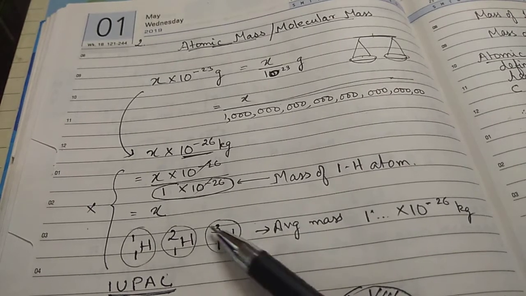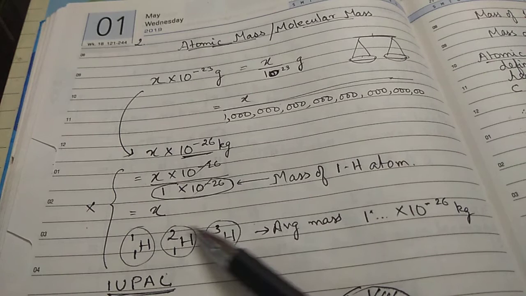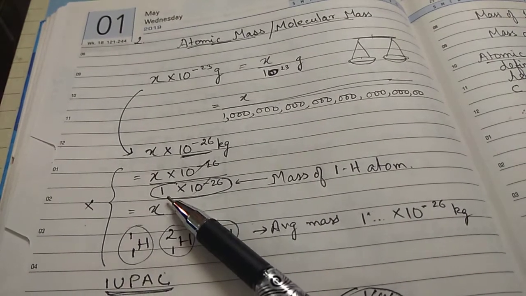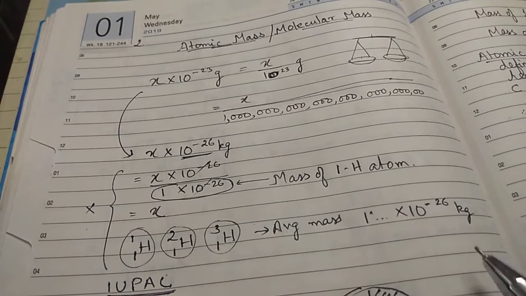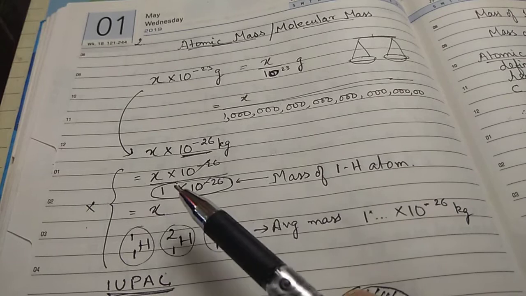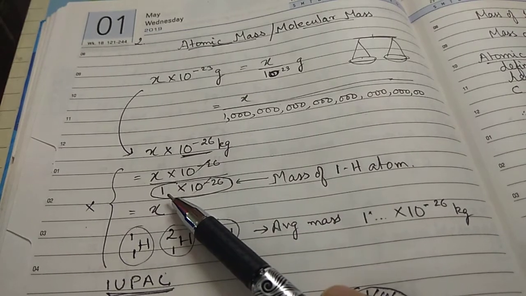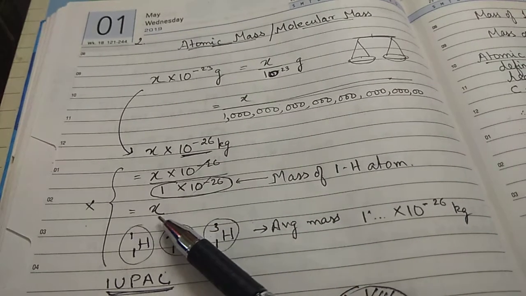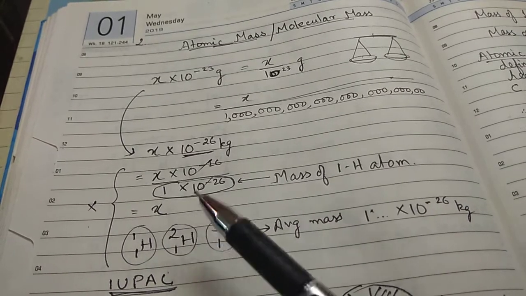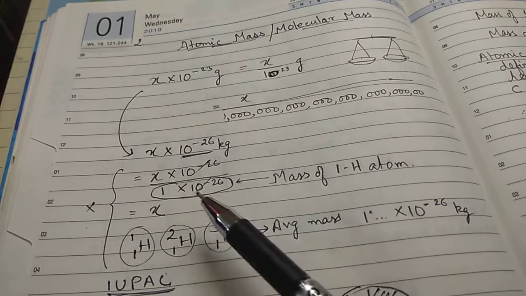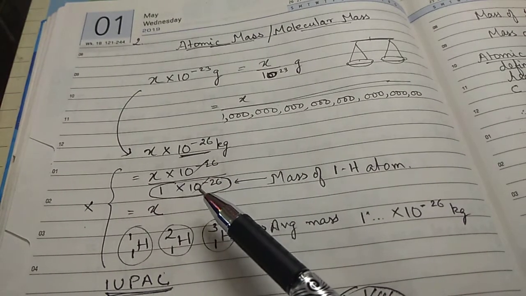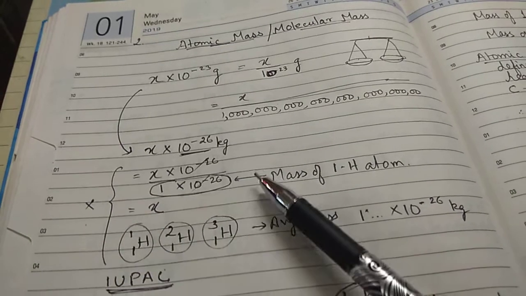If we take the average mass of all these isotopes, it is not exactly 1 as we had taken for the standard. Its mass is 1 point something into 10 to the power minus 26. If you divide by 1 point something, you do not get x, you get something else. So it was scientifically not correct to express the mass of any atom with the help of the hydrogen atom, and this idea was rejected.